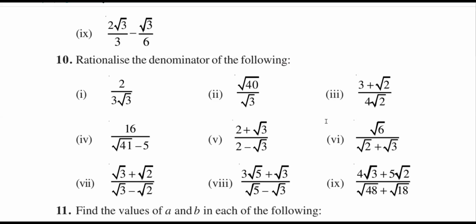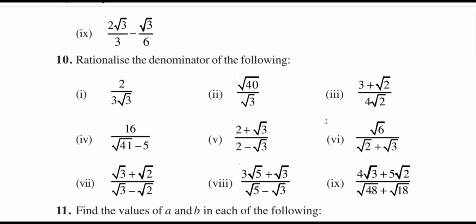So the answer will be root 12 minus root 18 by root 2 square minus root 3 square. Root 12 minus root 18 upon root 2 square minus root 3 square.